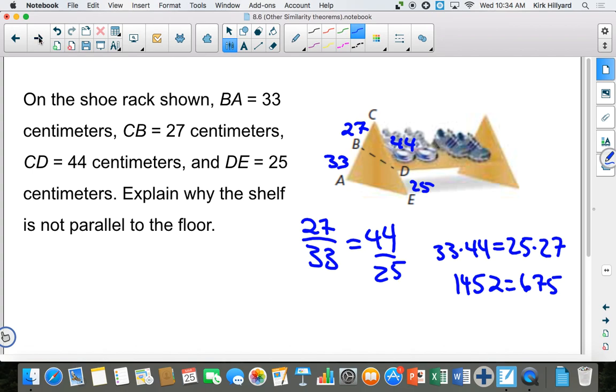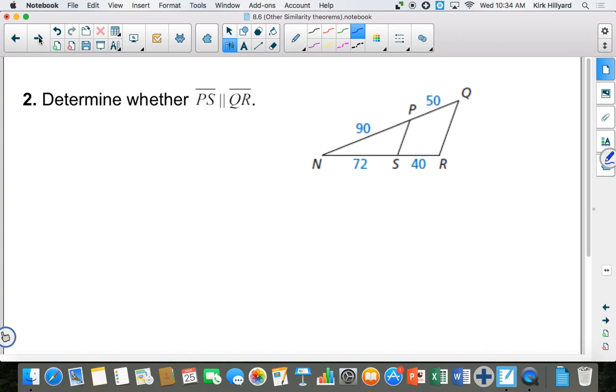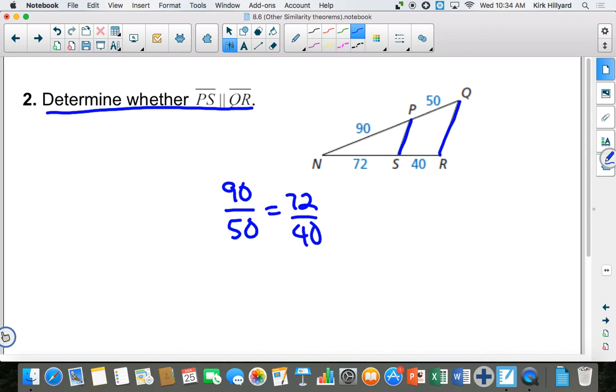All right, now, they want you to determine whether these lines are parallel. So we want to know if these two lines right here and right here are parallel, and if they are, then these two proportions should be the same. So we can go 90 over 50 as 72 is to 40. And when we cross multiply, these two things should be equal to one another if the lines are parallel. I know that 9 times 4 is 36, so that's going to be 3,600.